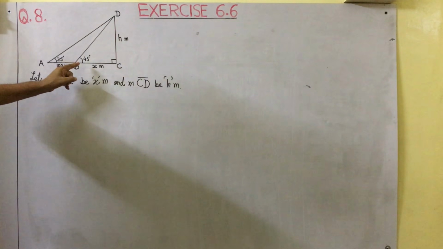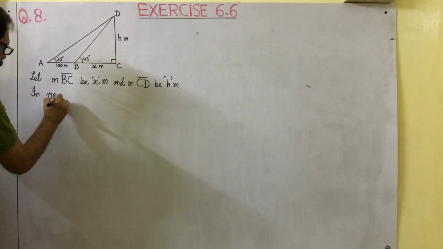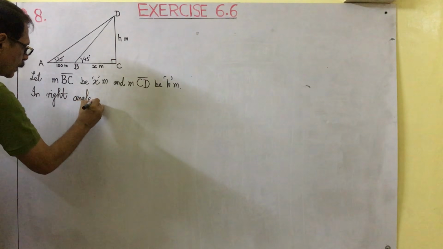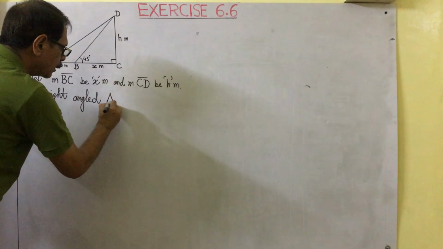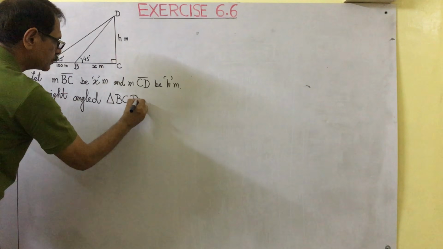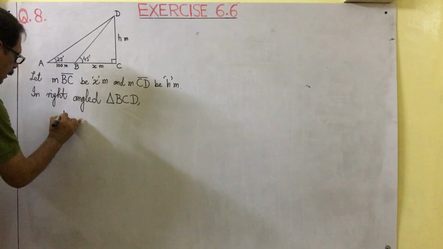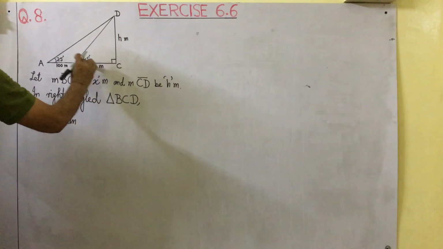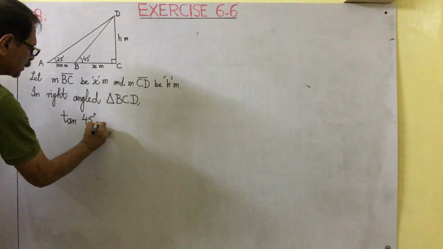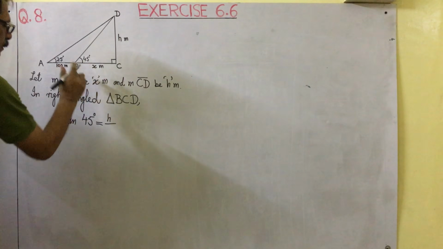In right angle triangle BCD, tangent of 45 degrees is equal to perpendicular over base.